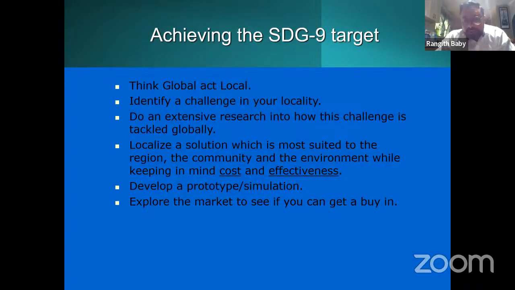The first of these is to think global and act local: identifying a challenge in our locality, doing extensive research into how this challenge is tackled globally, then localizing a solution which is most suited for our region, community or environment, while keeping in mind the cost and effectiveness.